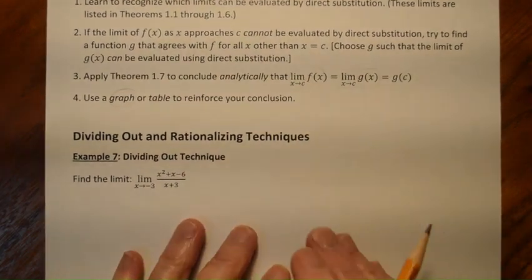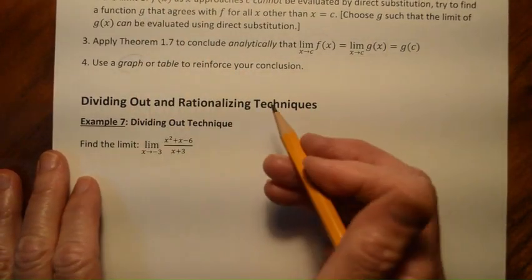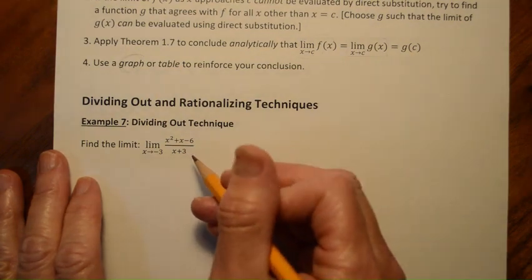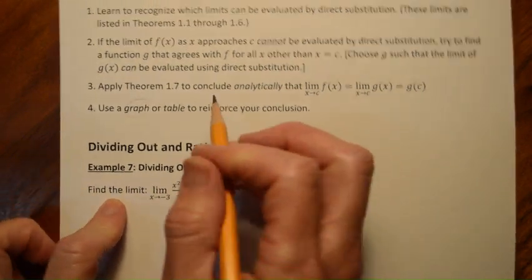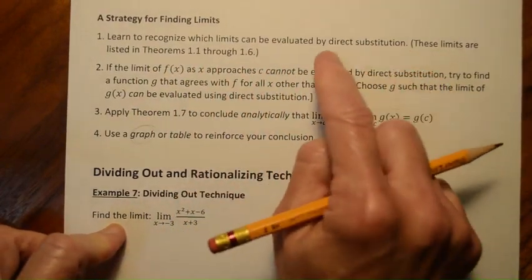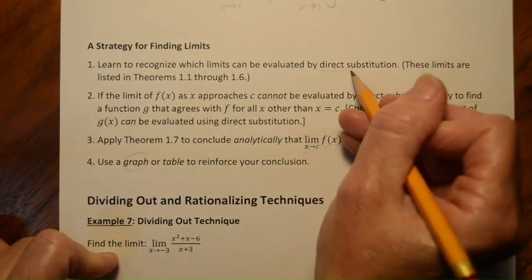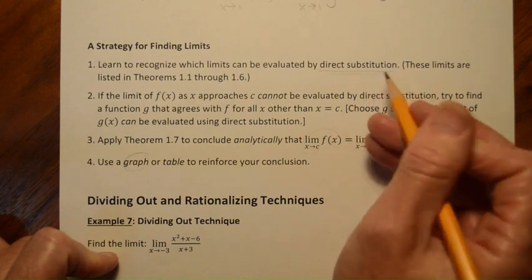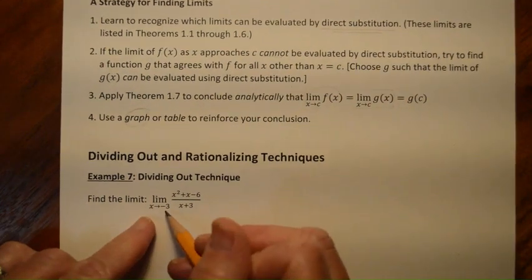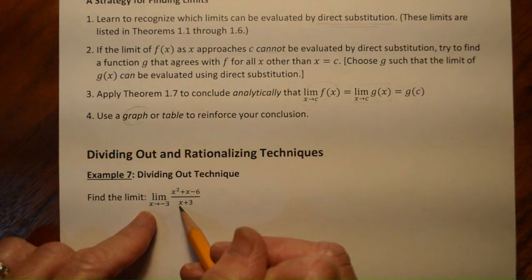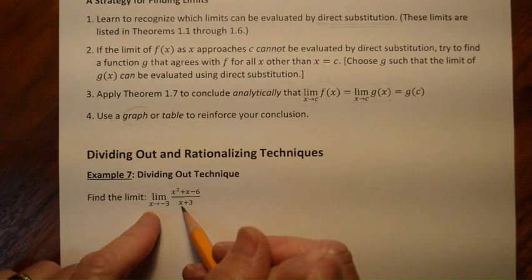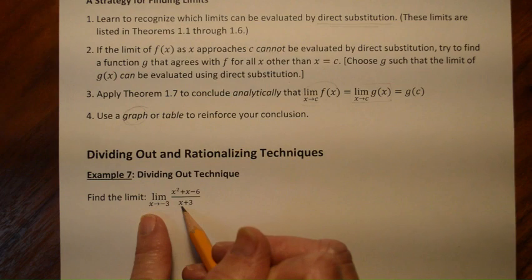Okay, so again, we'll do another one just like example 6 up top there, and we're going to divide out. The first thing it says to do is, again, I would always try direct substitution first. If it works, then great, you're done. So we try direct substitution, but as soon as I plug in -3 down here, I see that we have a problem because this ends up being 0.